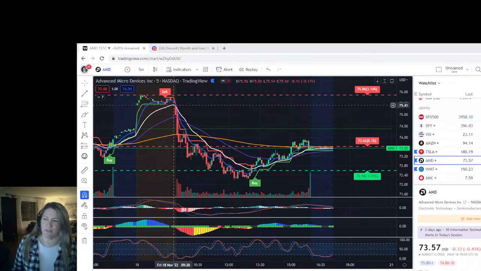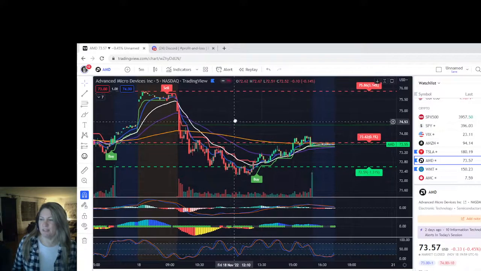The 21 EMA is the white one, and that acts as support or resistance as well, and also determines a little bit longer of a trend. And that 50 EMA, which is the purple line, does the same thing, but just a little bit longer of a trend. And the 200 EMA is very strong support and resistance as well, and that determines a longer term trend from there.